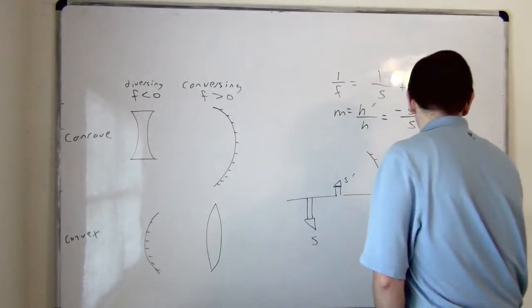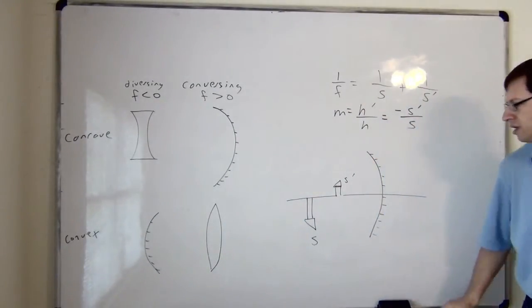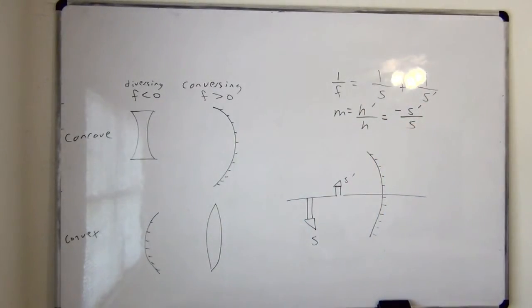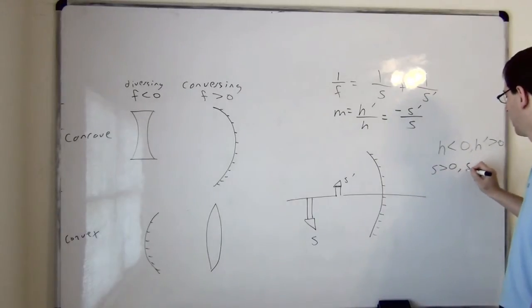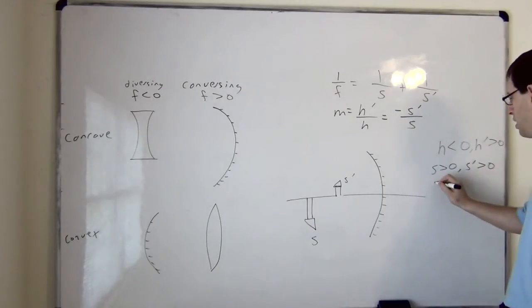So now let's try it again with this example. H is negative. H prime is positive. S is positive. S prime is positive. F is positive.